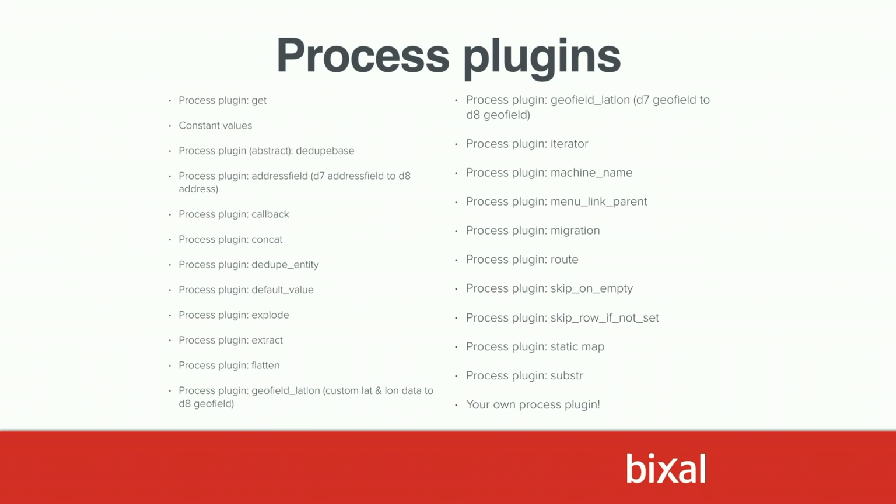For example, we can concatenate values or strings. We can also use the default value plugin to always set a value for a field that we want through all of our nodes that are going to be migrated. These are the officially supported process plugins. And of course, we can write our own process plugin, which we're going to be doing as part of the demo in this session.